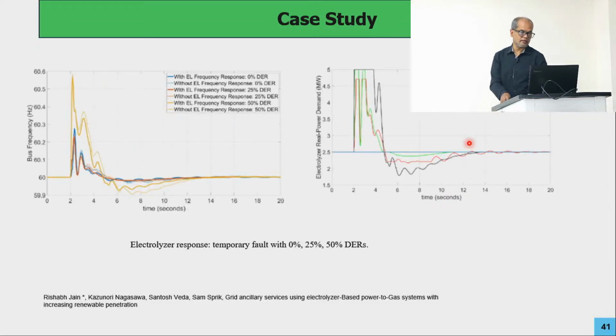And what if you have not a load change, but a temporary fault? It could be that for a certain period of time you have either a short circuit or whatever, and then the fault is removed. How does the system respond?